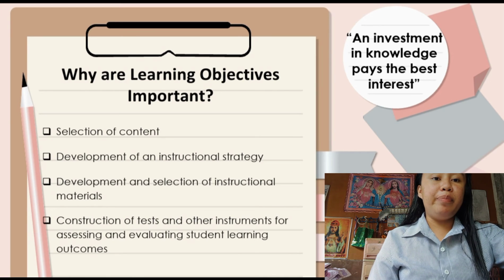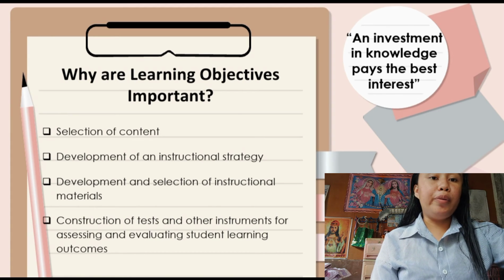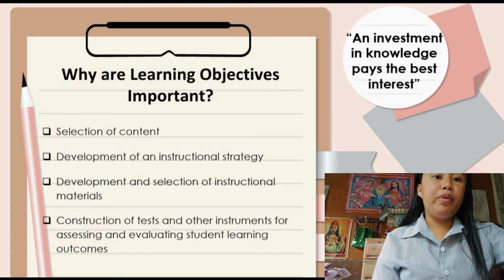It is very important that the teacher select instructional materials so that the learners will learn in another activity. Last is the construction of tests and other instruments for assessing and evaluating the learning outcomes. So, ang teacher muhatag jud sang construction of tests like true or false, multiple choices, or matching type.